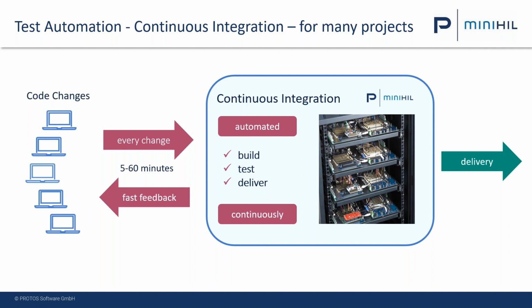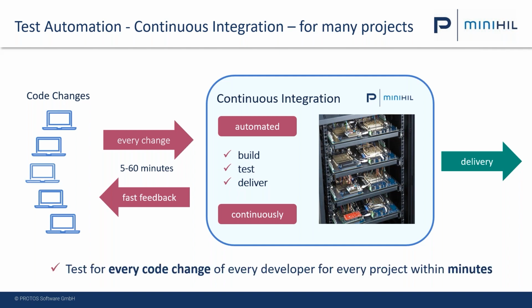That's about 1 meter high, eight miniHILs for 8 different projects. So whenever you change a line of code, the continuous integration server tests the change on those miniHIL boards. So in this case, this would be a setup for 8 different projects. It's a very small setup for 8 projects.